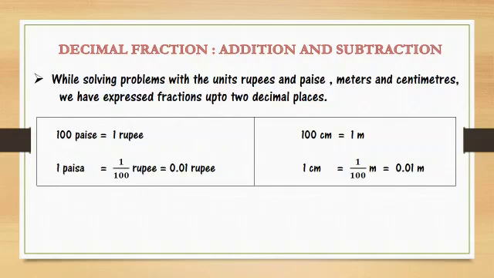Here we have expressed the fractions up to 2 decimal places. Same way with meters and centimeters. 100 centimeters is equal to 1 meter. 1 centimeter is equal to 1 upon 100 meter, which is equal to 0.01 meter.